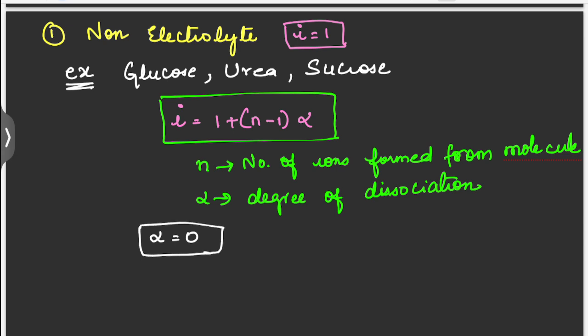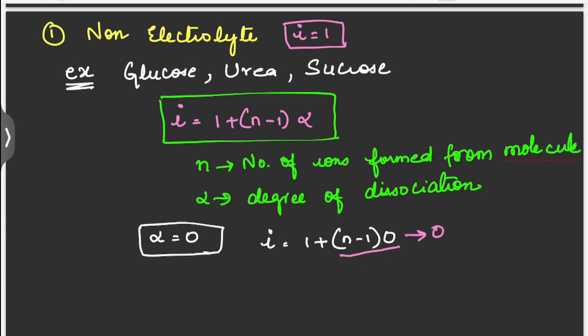They are not going to dissociate in water, so they are not breaking into ions. Therefore alpha value will be equal to 0. Now substitute in the equation: i is equal to 1 plus (n minus 1) into 0. This entire thing, (n minus 1) into 0, will become equal to 0.